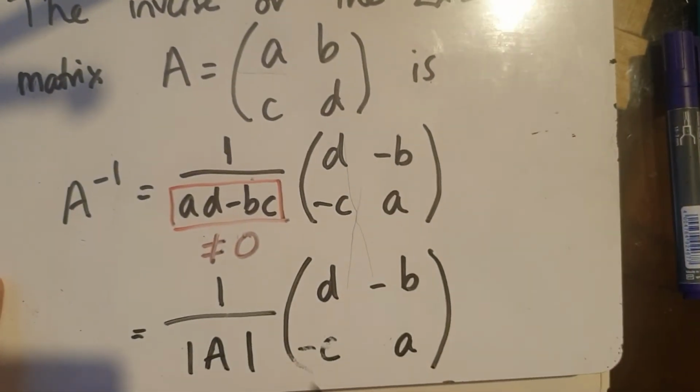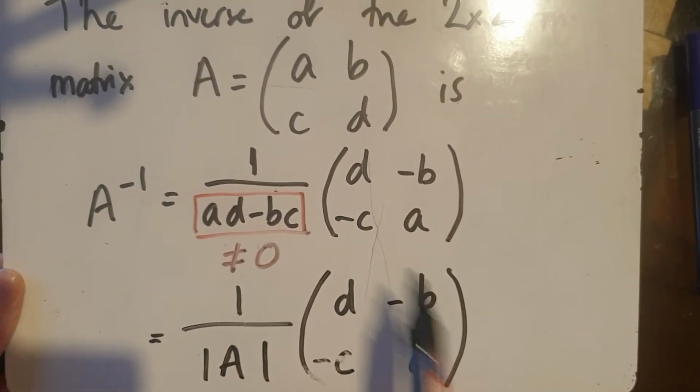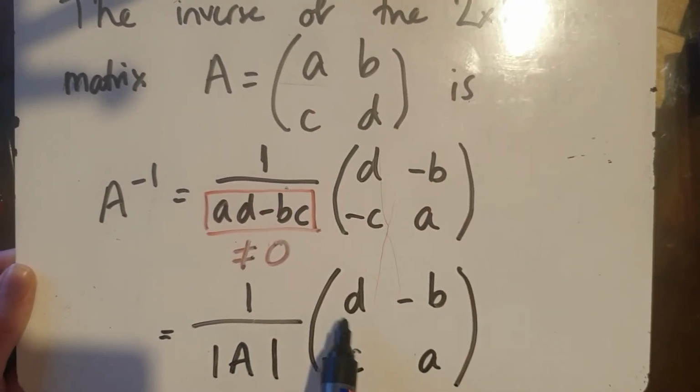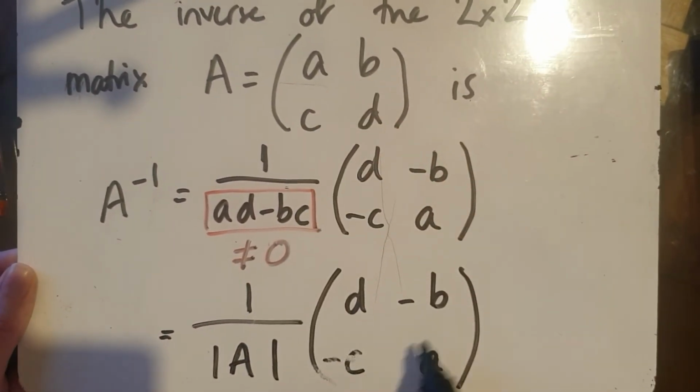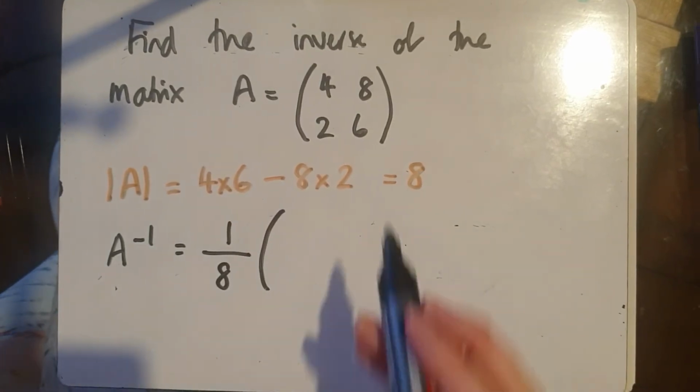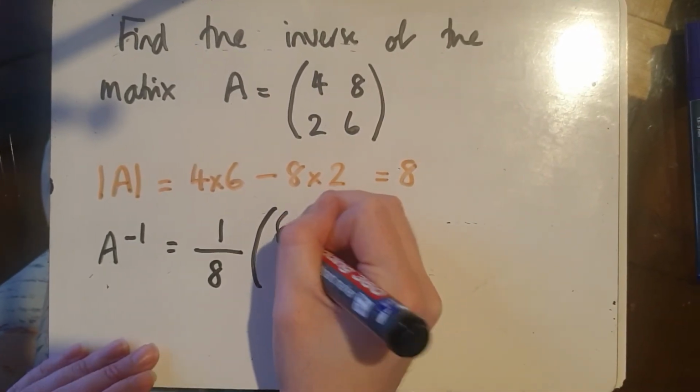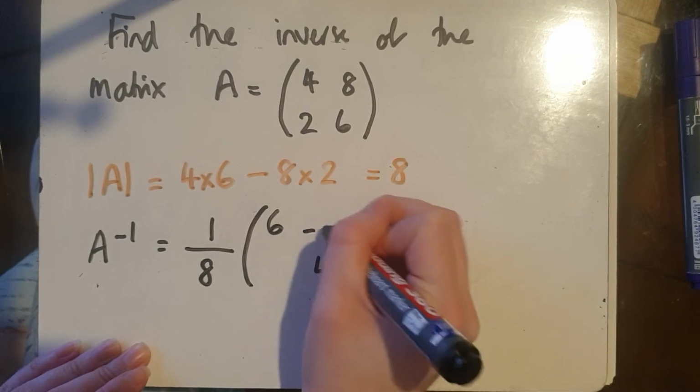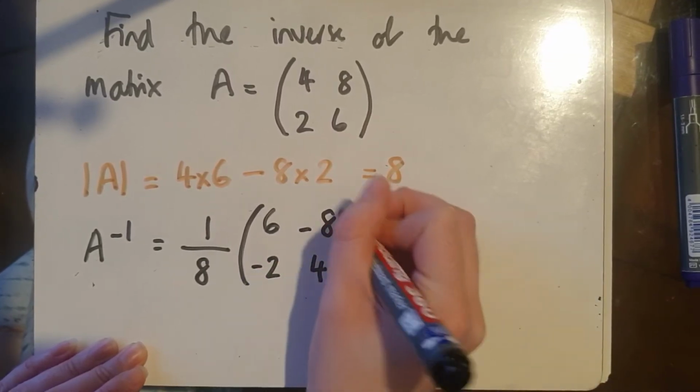It's 1 over the determinant, and then A and D swap places, and B and C stay where they are but become negative.